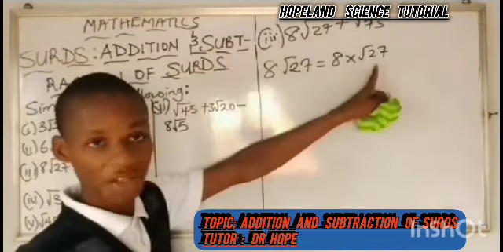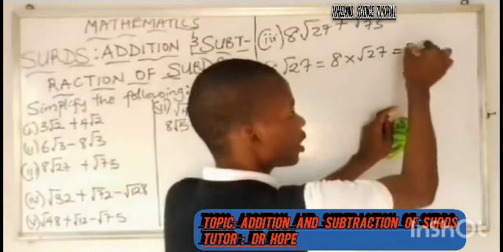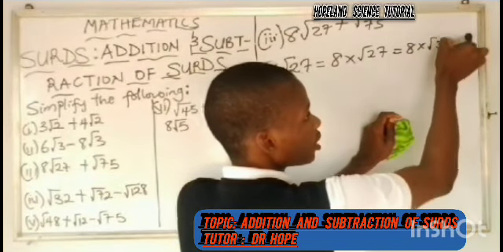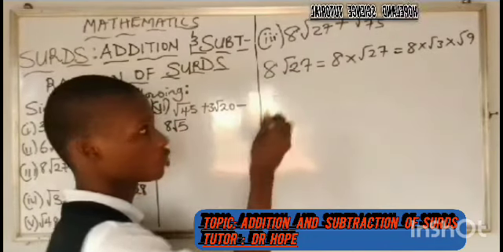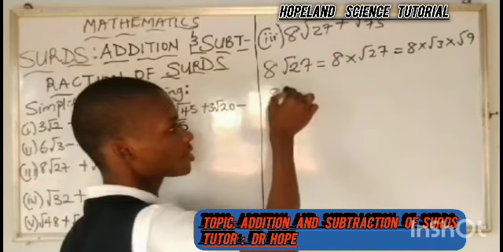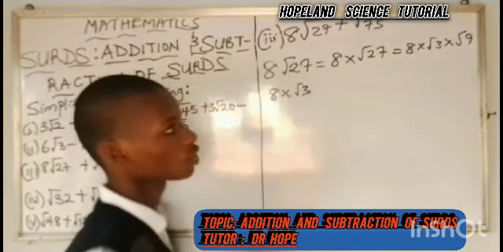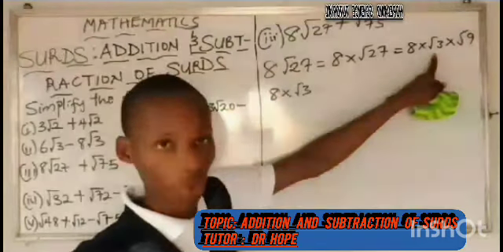So we can further expand this root 27 to be equal to 8 times root 3 times what? Root 9. Are we together? So now let's continue. We are going to have 8 times root 3. Of course, the square root of 3 isn't a whole number, right?